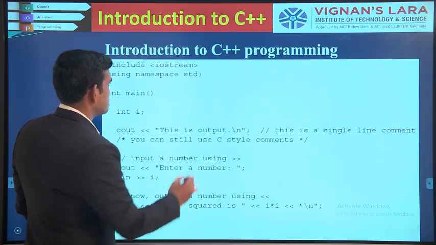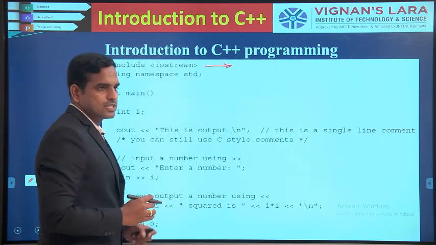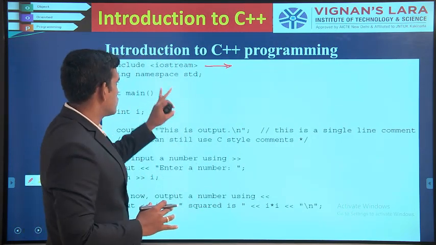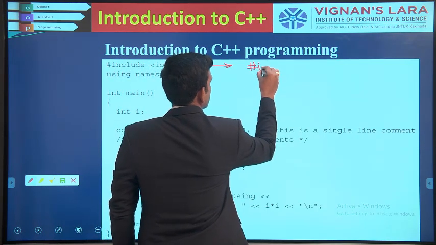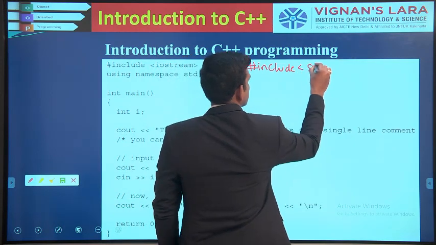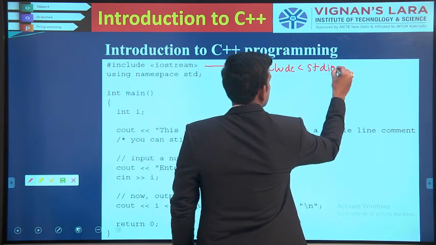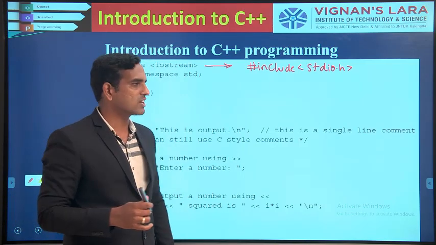Okay, the first line you are seeing is #include <iostream>. In C language, you usually write #include <stdio.h>, basically to specify standard input output functions.